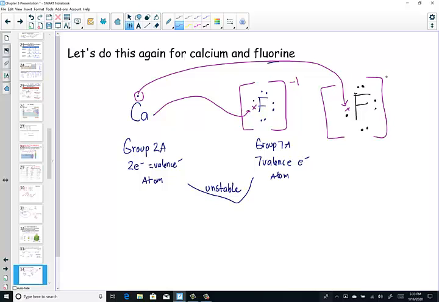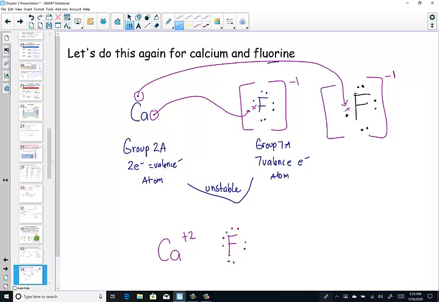And when it does, it took 2 units of fluoride, each at a -1, to electrically balance the calcium, who now results in a +2. Calcium lost 2 electrons. It will be written as Ca +2. Each fluoride gained 1 electron.